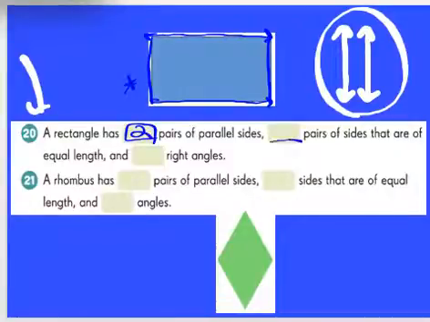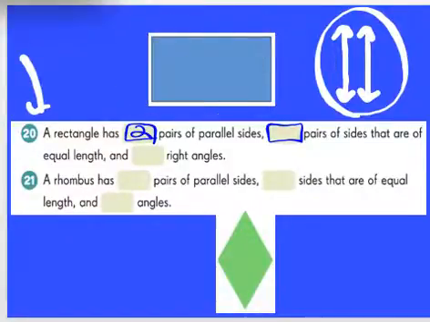How many pairs of sides are of equal length? Well, in a rectangle, we learned that opposite sides are the same length. So if this was 4 inches, this one across the way would also be 4 inches. So there's one pair of sides that are the same length. And then, of course, these two as well. So it seems that the pairs of parallel sides are also congruent or of equal length.